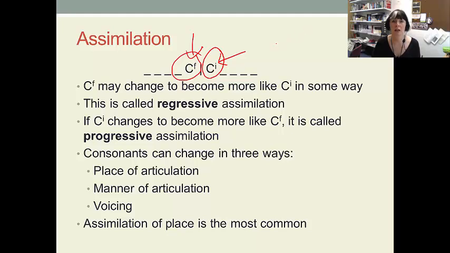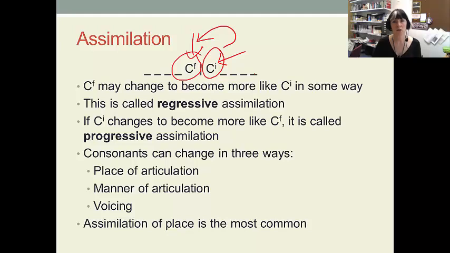This is called regressive assimilation because the initial consonant of the second word is having a backwards effect on the final consonant of the first word. If the initial consonant changed to become more like the final consonant, it's called progressive assimilation. This is much less common in English.